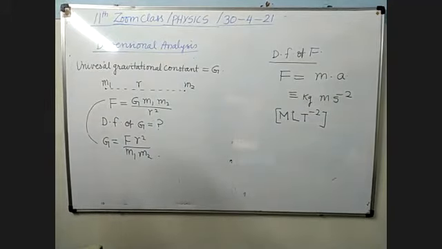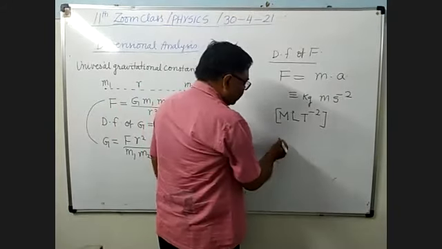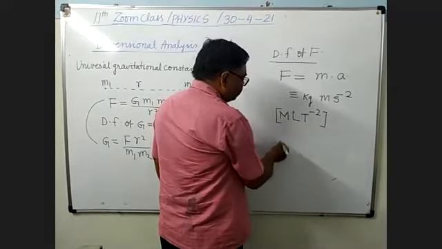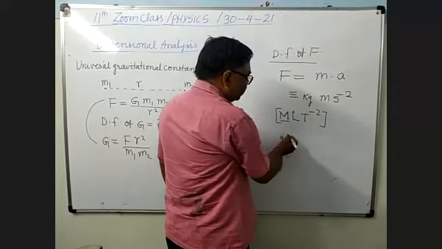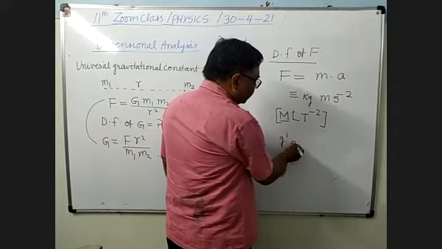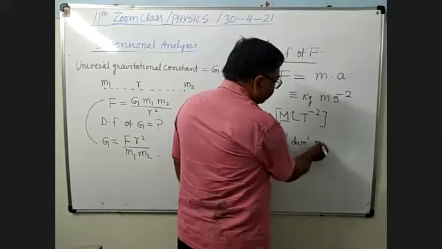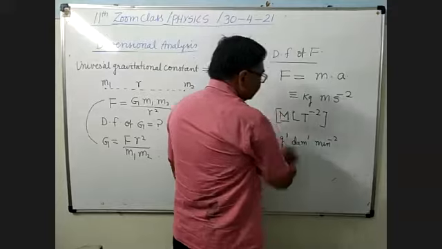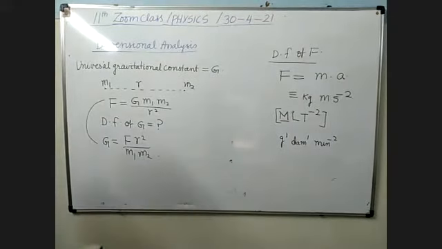For example, here I have taken mass in gram, length in decameter, and time in minutes. Gram decameter per minute square is then the unit of force. Is it clear? So this is the dimensional formula of force.